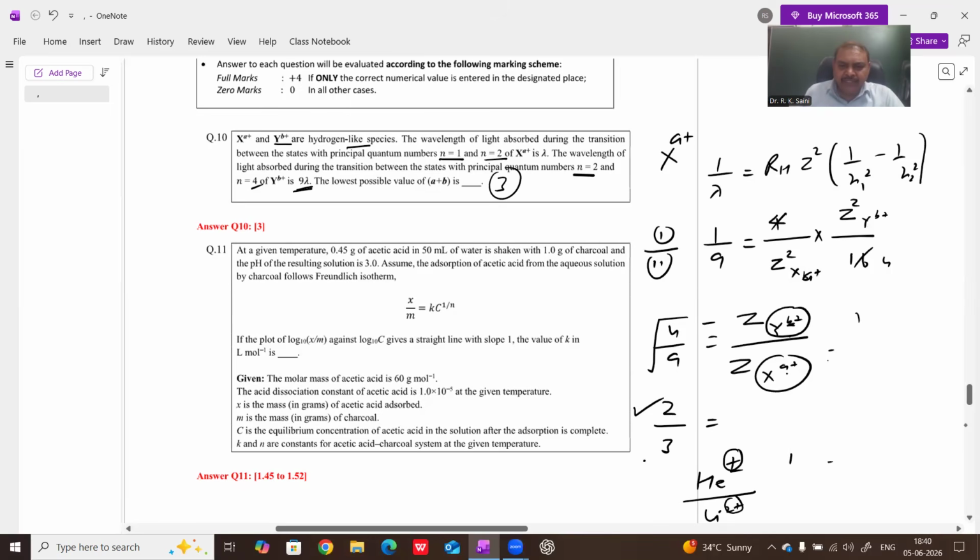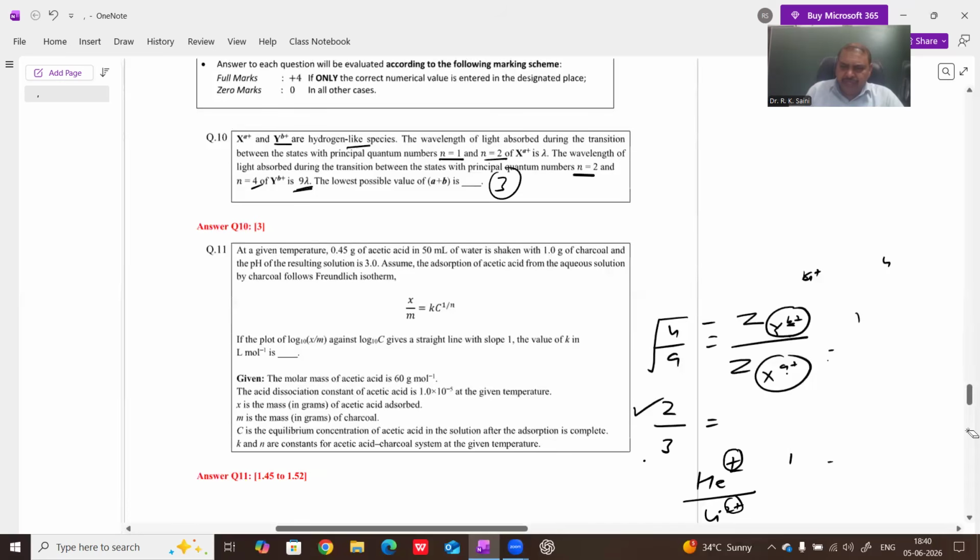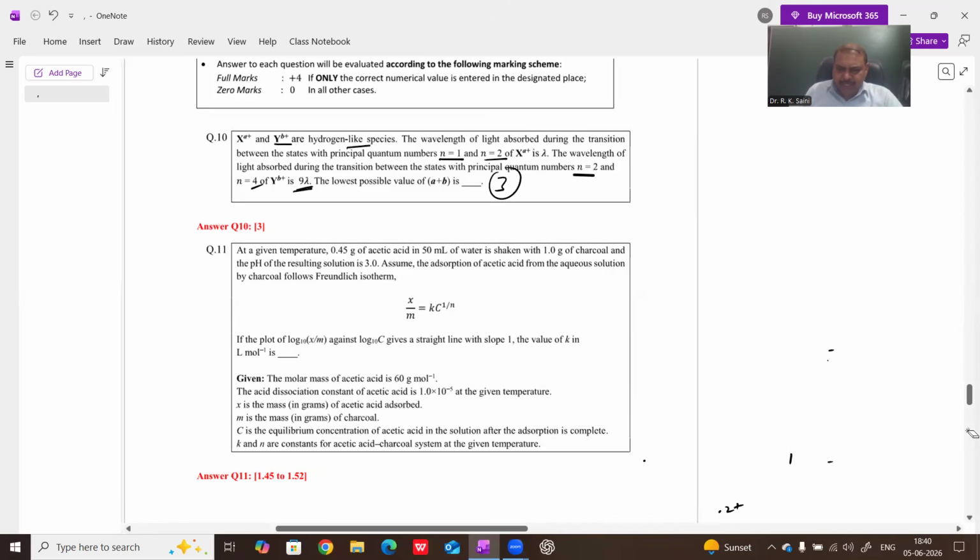Next, this question is taken from surface chemistry, particularly adsorption. Given the equation, in case of concentration term, Freundlich adsorption isotherm.